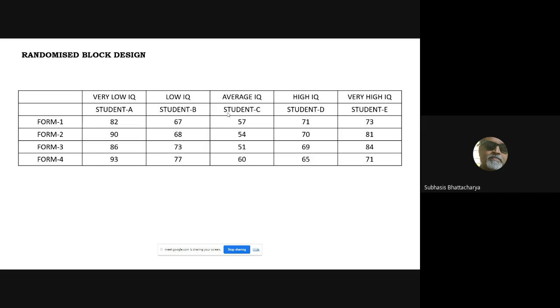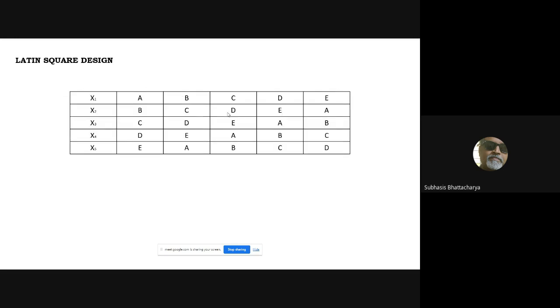The purpose of the randomization is to take care of possible extraneous factors, perhaps the experience gained from repeatedly taking the test. So this is the randomized block design, and there are other methods also.